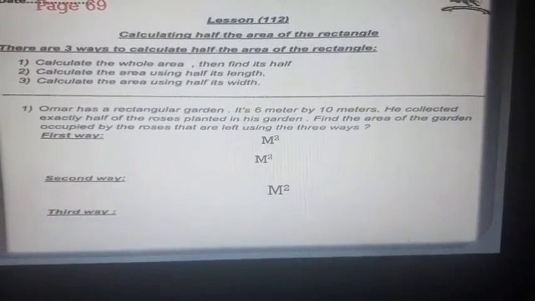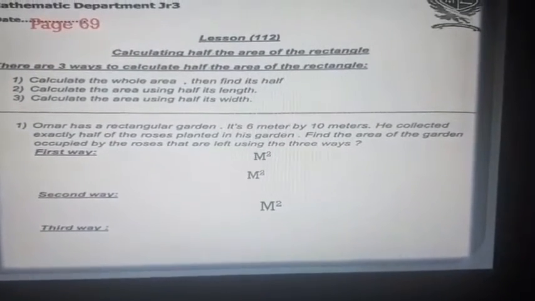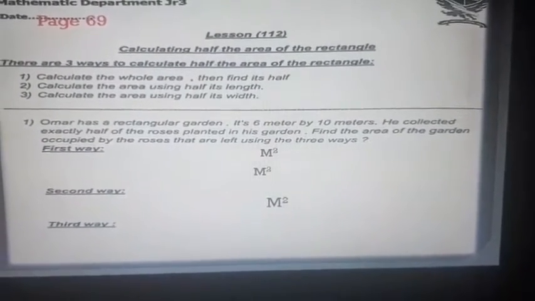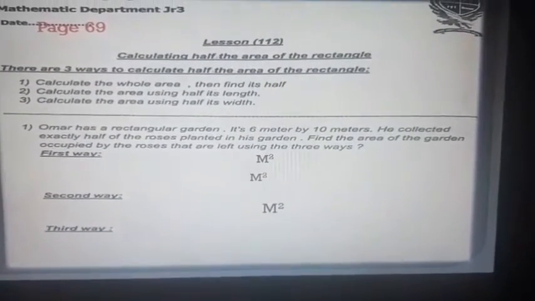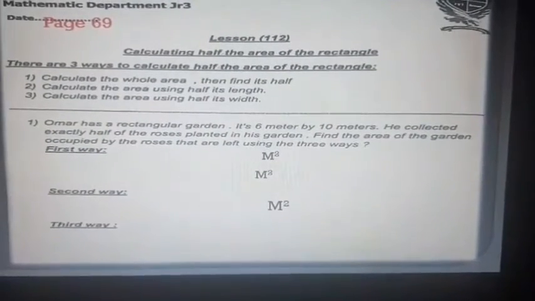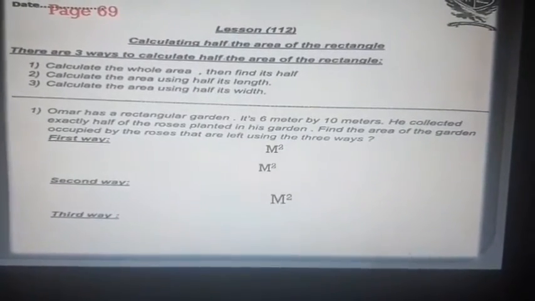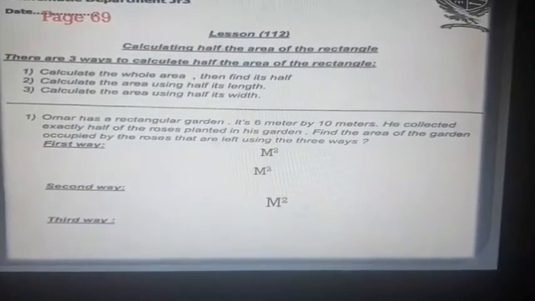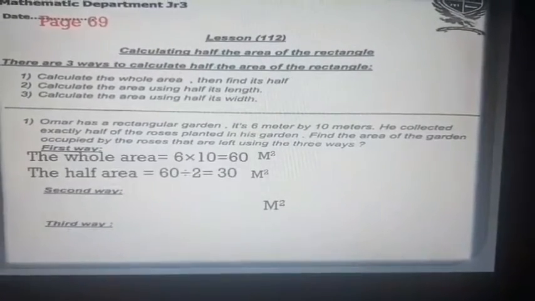Okay, the first way I said, we get the whole area. So I will get the area of the rectangle. I have in a rectangle 2 dimensions, length and width. So I will multiply them. And step number 2, I will divide the whole area by 2.